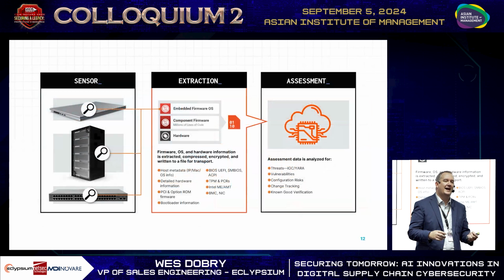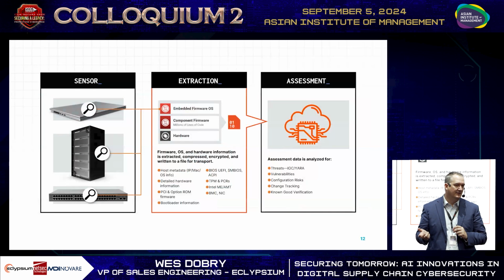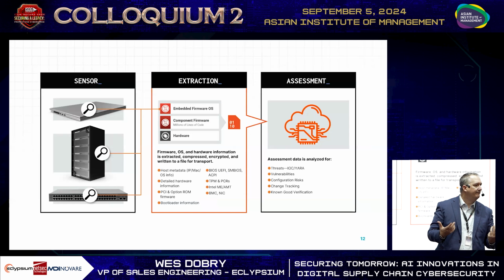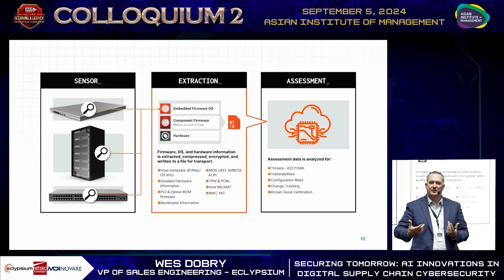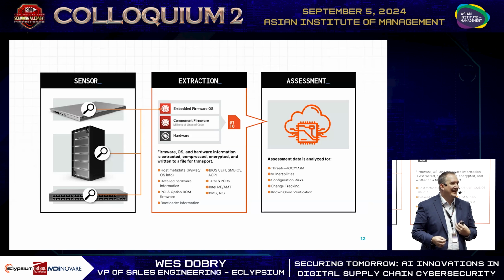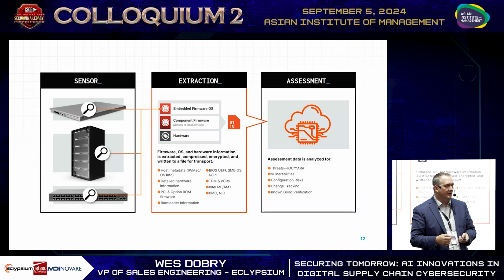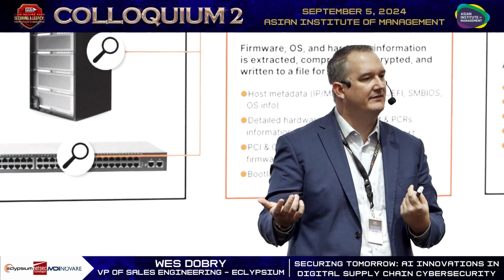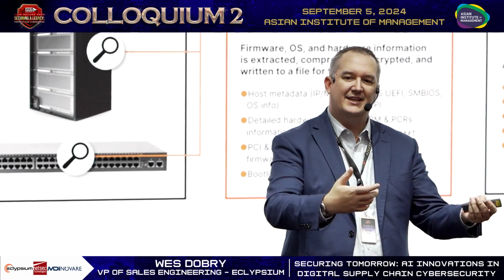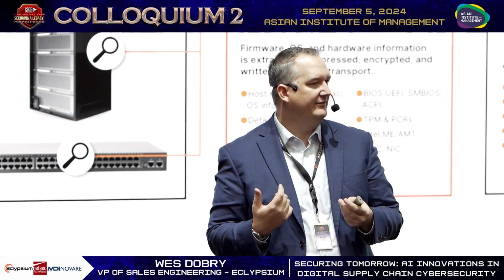So I look at this in a few different ways. First is how we can get access to that device. On the left side, you'll see a sensor. Now, a sensor can be called by other nomenclature, like an agent, security software, or a network scanner. The idea is let's scan these devices in an organization and collect as much information as they'll give us.